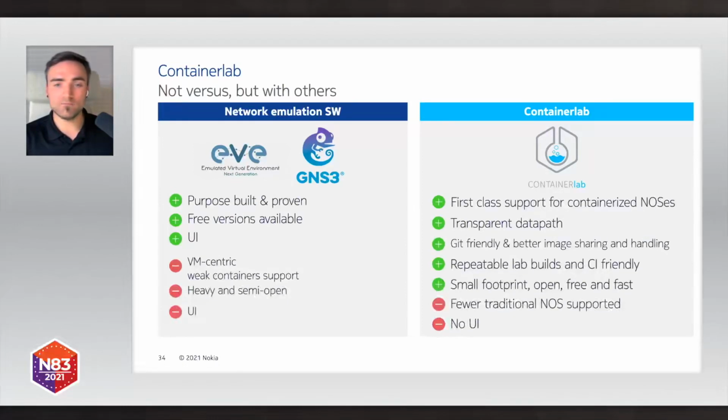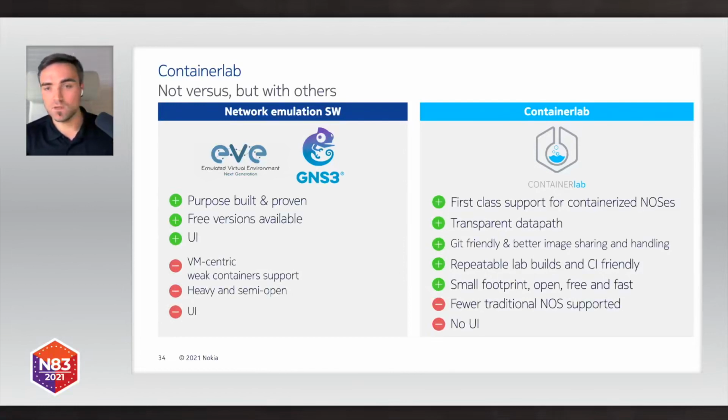It might provide some Git friendliness that was missing in those UI-first tools, and it can enable you to make those repeatable lab builds and also make some really nice CI pipelines that will use the networking virtual topologies. It also has a very small footprint, which makes it really easy for all kinds of learning activities.